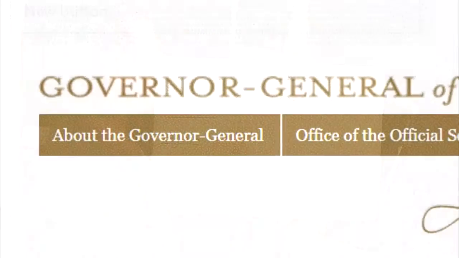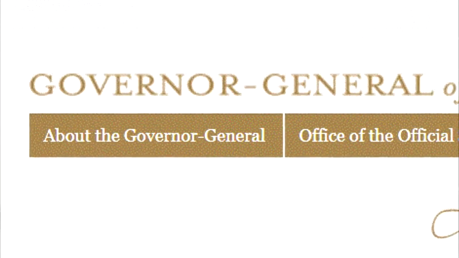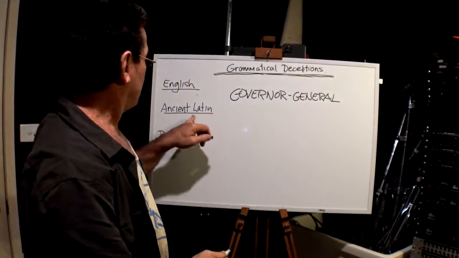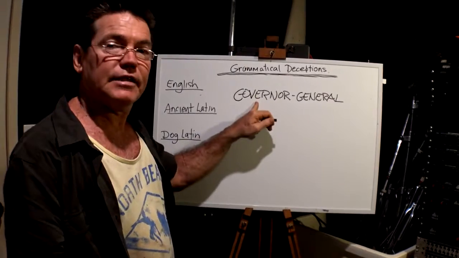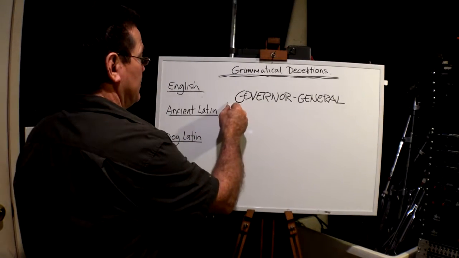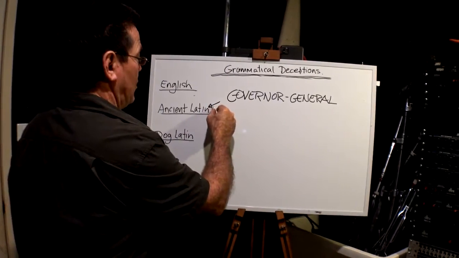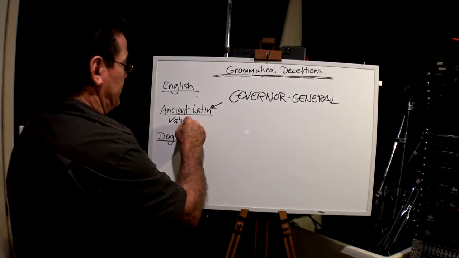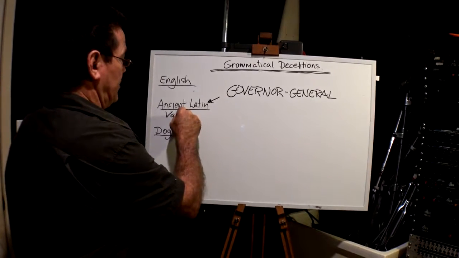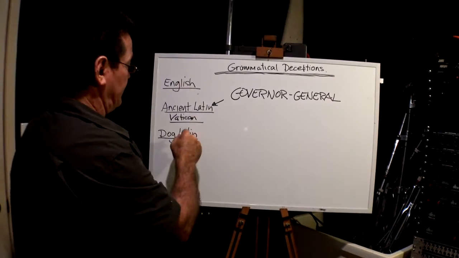But what that is doing, when they write Governor General in the all uppercase text that is in ancient Latin, what they're saying is that this Governor General belongs to the Vatican.